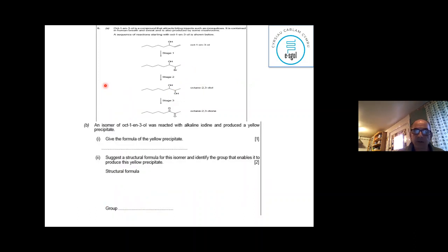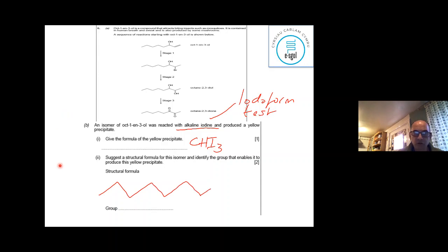An isomer of oct-1-en-3-ol was reacted with alkaline iodine and produced a yellow precipitate. The alkaline iodine indicates it's an iodoform test. So the formula of the yellow precipitate is the iodoform, CHI3. Suggest a structural formula for the isomer.